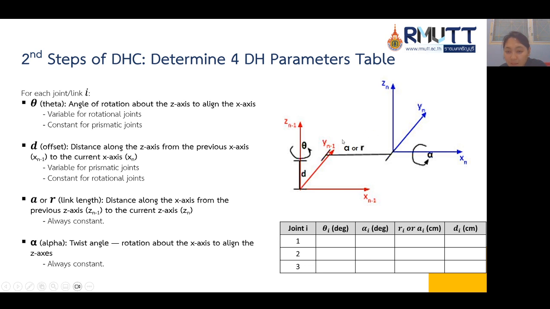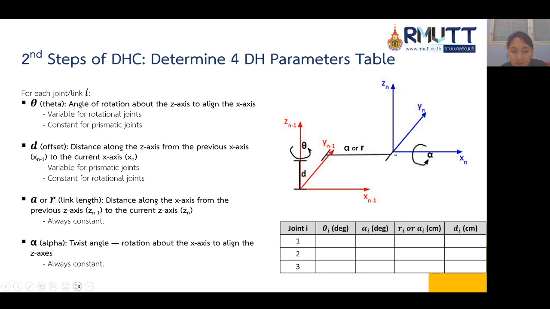We can see here, D is here. This is the distance along the z-axis from the previous x-axis to the current x-axis.